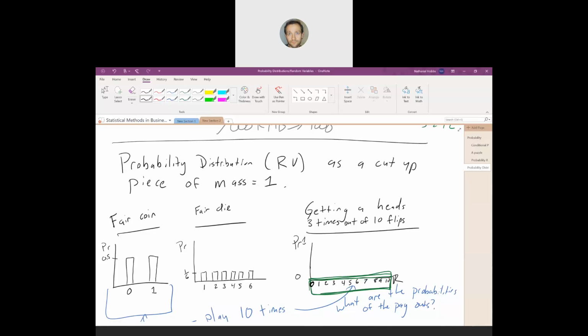Do you have any feeling for what this graph might look like? Well, I don't really know the math behind it, but I would guess that flipping heads 5 times would probably be like 0.5 on the y-axis.